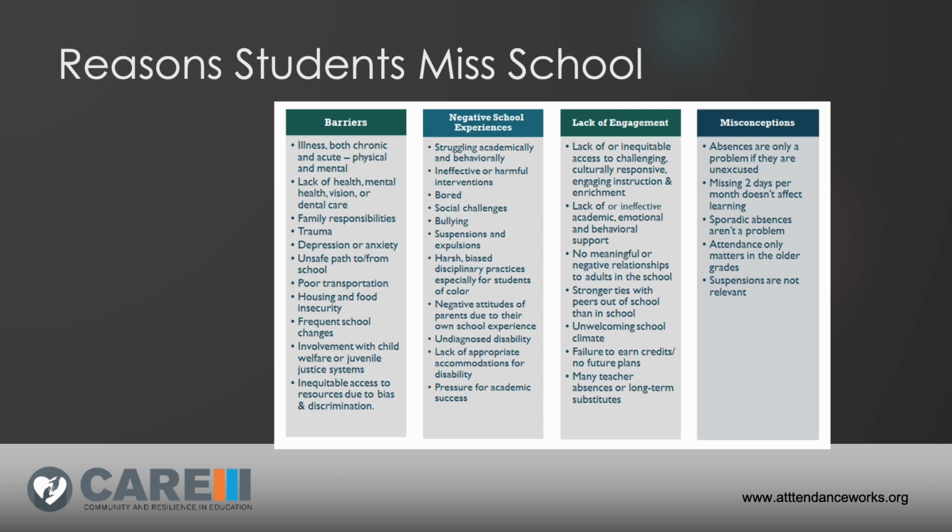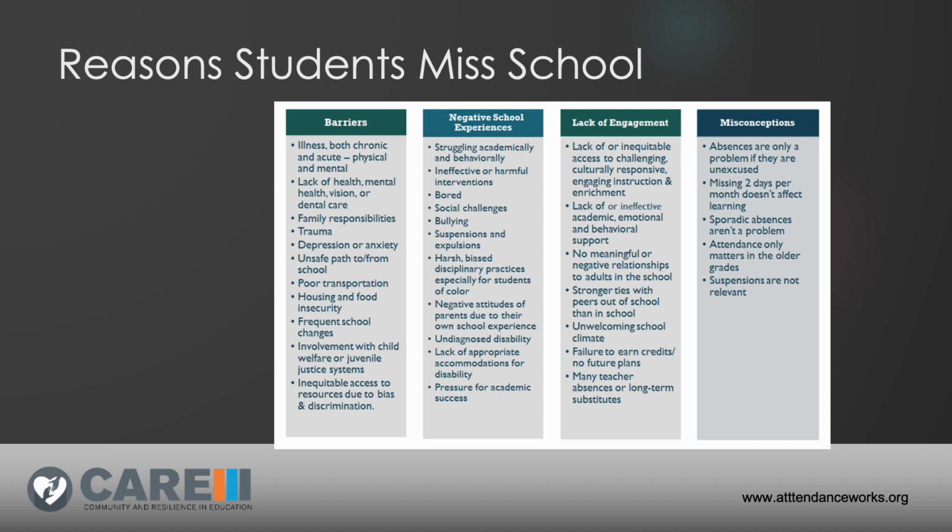When we think about students being absent from school, it's really important for us to consider the reasons why students might miss school. Some of these reasons are seen as more typical, or perceived as more typical, by those of us in the education system. Some of these are more systemic and underlying, so we might have to dig a little bit to find out what the cause is for a student's absences.